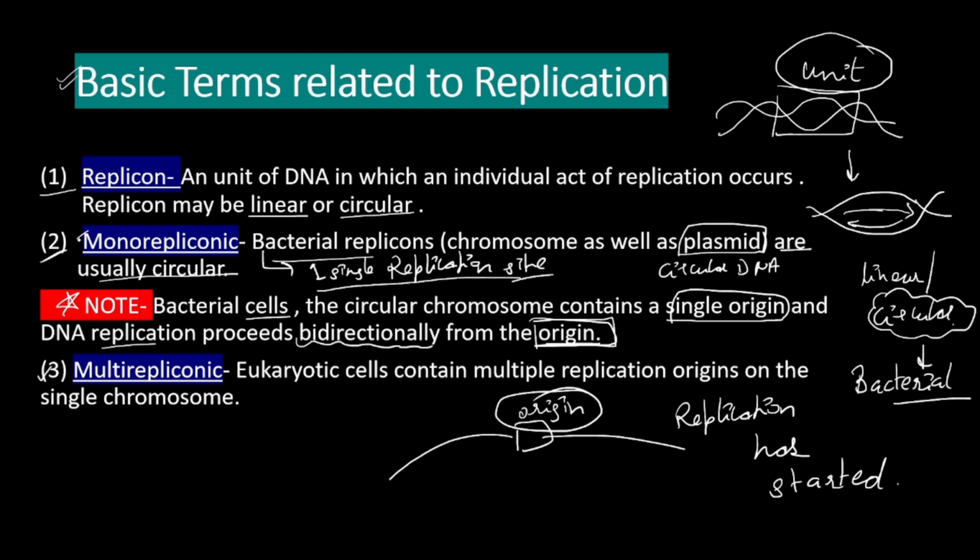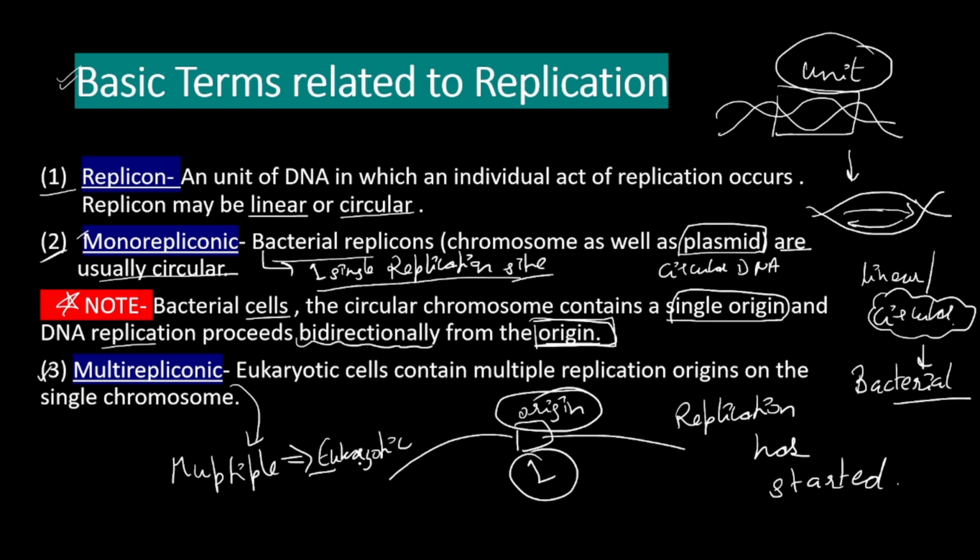Multirepliconic is the opposite of monorepliconic. In monorepliconic there was only a single origin. In multirepliconic we can find multiple origins, and this is an example of eukaryotic organisms.